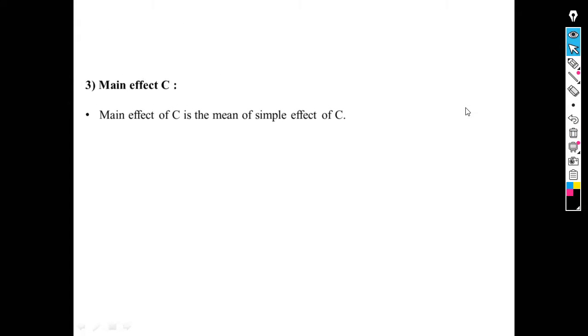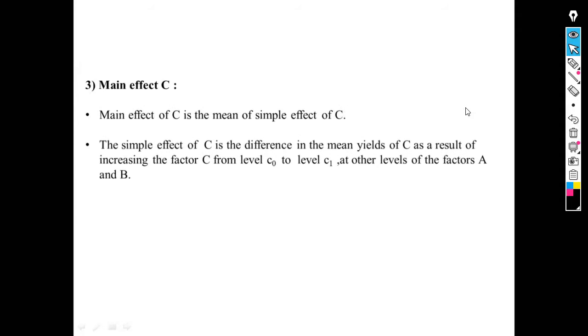Main effect C is the mean of the simple effects of C. To find the main effect, first we find the simple effect of C at different levels of factor A and factor B, and then after taking the mean of these simple effects we get the main effect of C. The simple effect of C is the difference in the mean yields as a result of increasing factor C from level C0 to level C1 at the other levels of factor A and factor B. So we change the level of factor C from lower to higher, and we consider different levels of factor A and factor B.